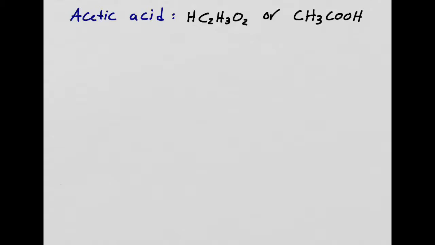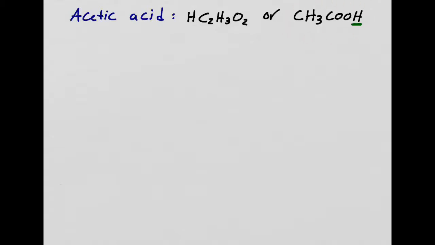Because if you look over here, 2 carbon, and then 3 hydrogen, 2 oxygen, and the acidic hydrogen. But this is a more sophisticated way of writing. Now, in CH3COOH, this would be the acidic hydrogen. If you want to impress someone, this is how you would write acetic acid.